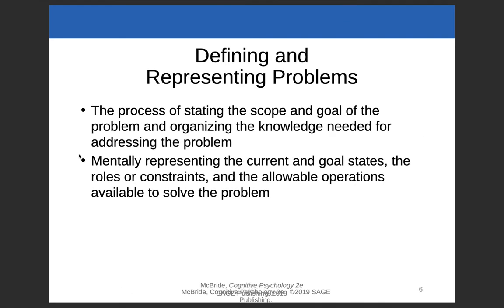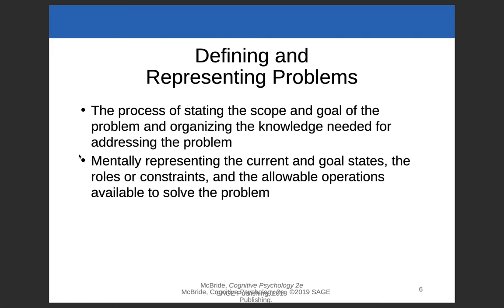So the first thing you have to be able to do in solving problems is to define and represent them. If you can't define and represent a problem, then you don't have a problem. Basically, this process involves stating the scope: what does this problem include? And the goal: what is it you're trying to accomplish?